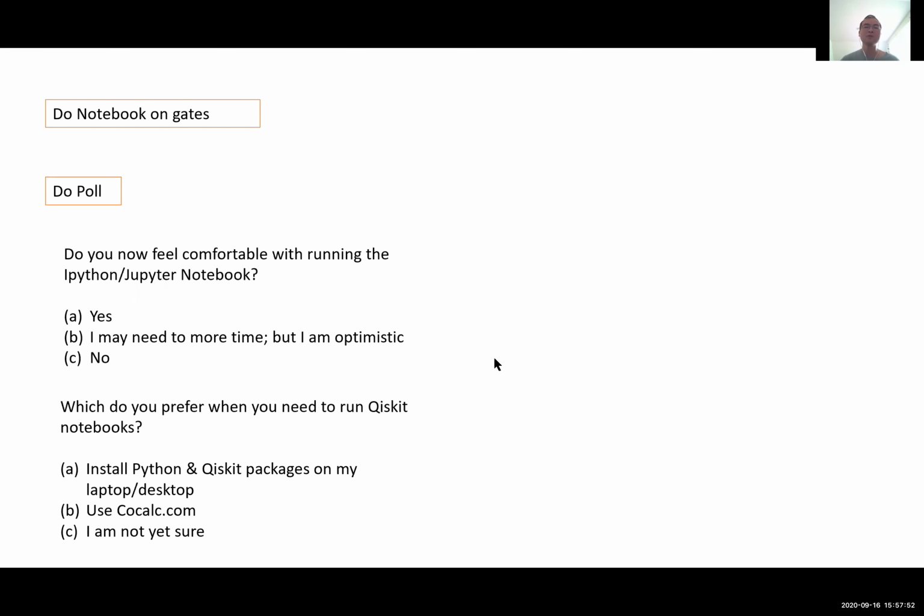Okay, so let me keep the annotation and then paste this. It's close to the end.